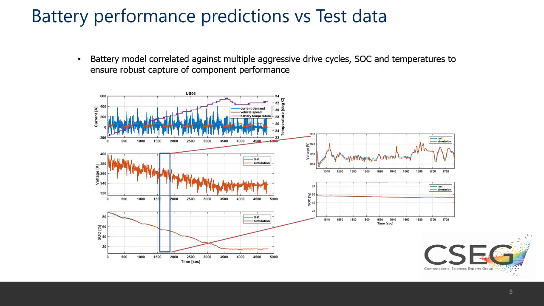And we're showing the US06 drive cycle here because it's a very aggressive drive cycle and a highly transient drive cycle, so we wanted to see how the vehicle model, or the battery model perhaps, did in correlation. And you can see that it does do a pretty good job in terms of capturing the transient of the battery voltage and state of charge changes.